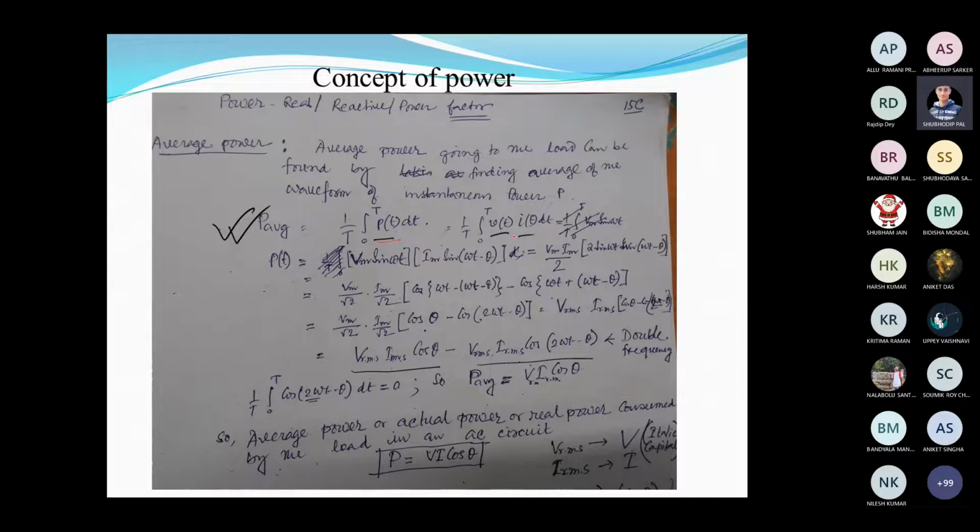If we take V as the reference, and usually the load current lags, it is minus theta we have considered. Using this formula, we found the real power expression: VRMS, IRMS, cos theta.